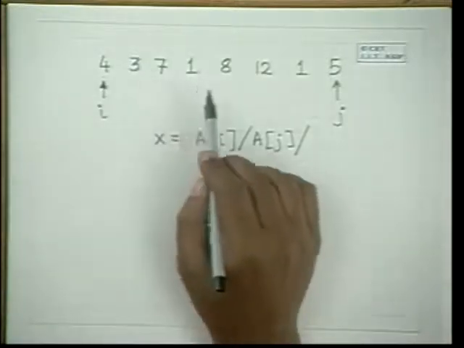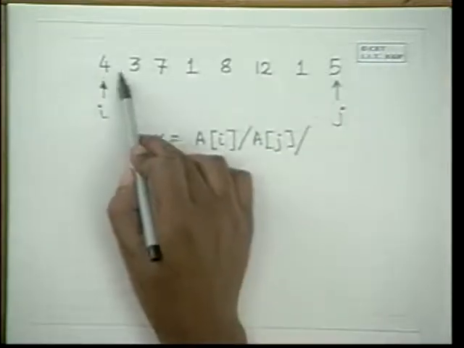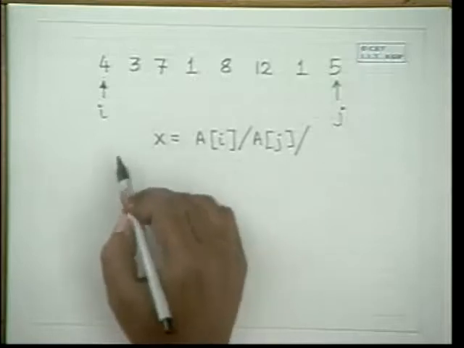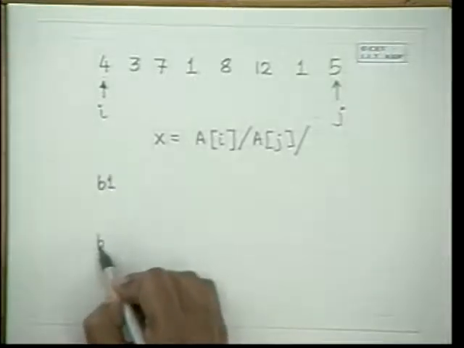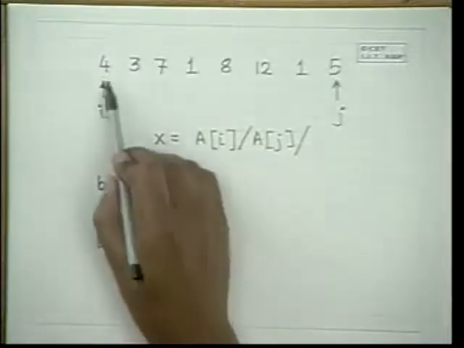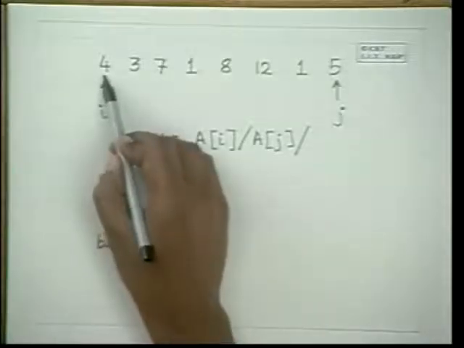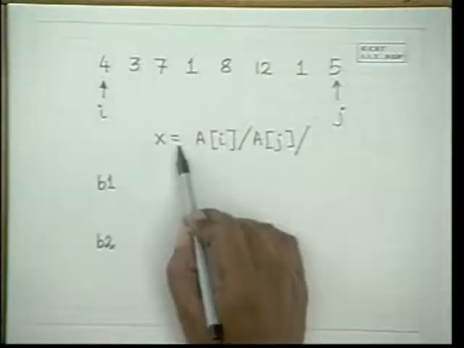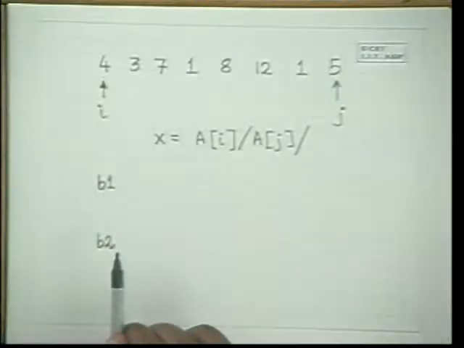Then we now start putting into the array elements which are greater than or equal to the selected element. So we use two arrays, let us call it B1 and B2. And we start from here. If this is less than the selected element, we put it in B2. If it is greater than the selected element, we put it in B1, or greater than or equal to.